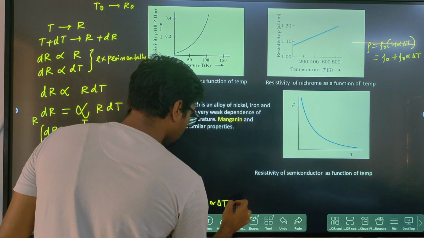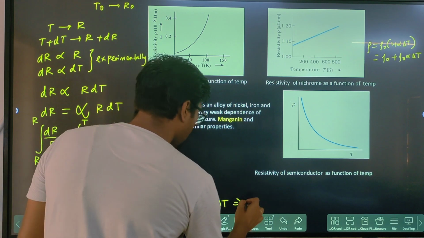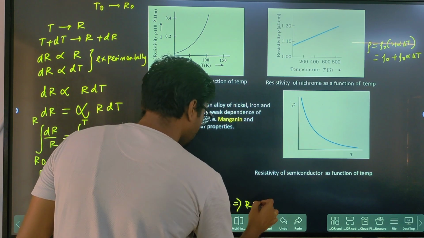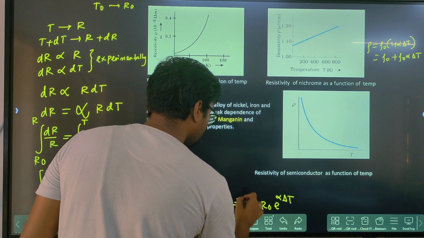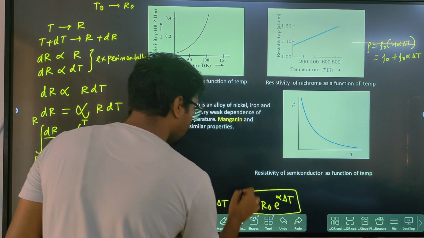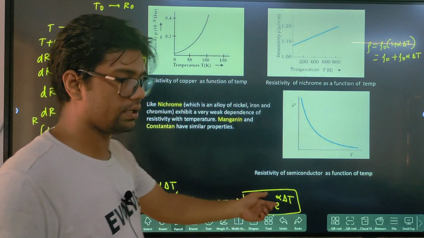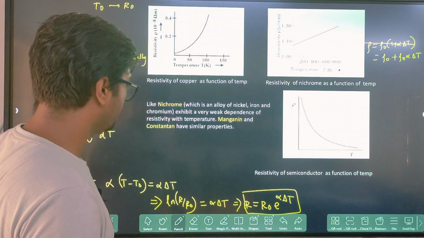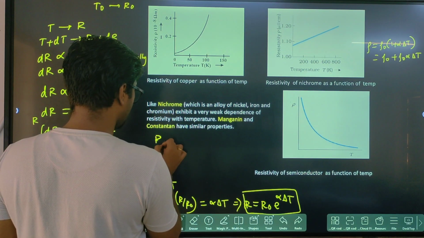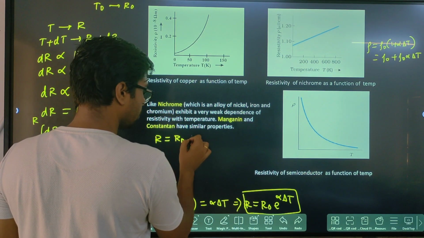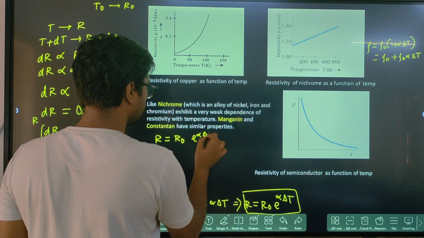Or you can write R equal to R0 e to the power alpha delta T. This relation you got, R equal to R naught into e to the power alpha delta T. Clear? So what relation you got? R equal to R naught e to the power alpha delta T.